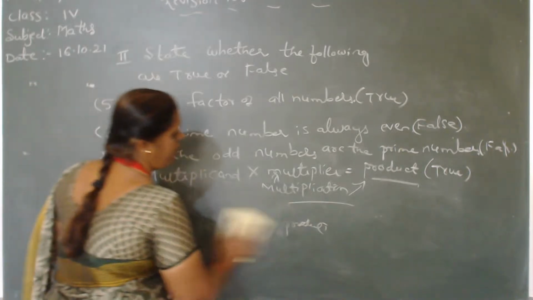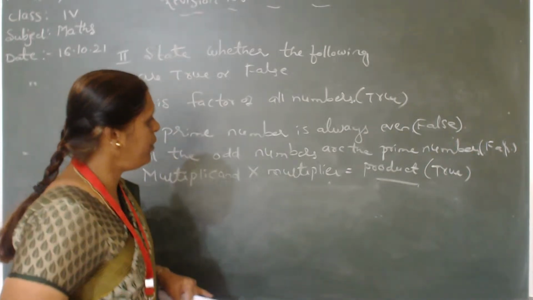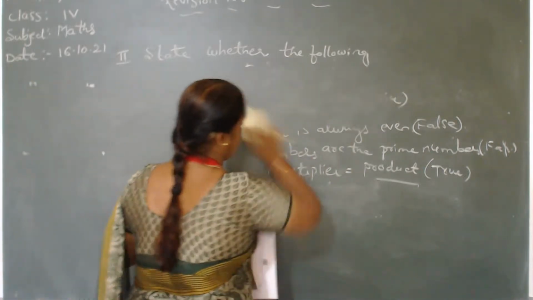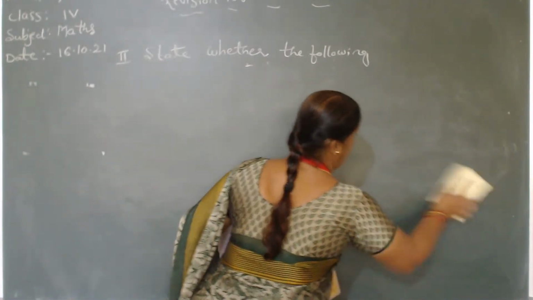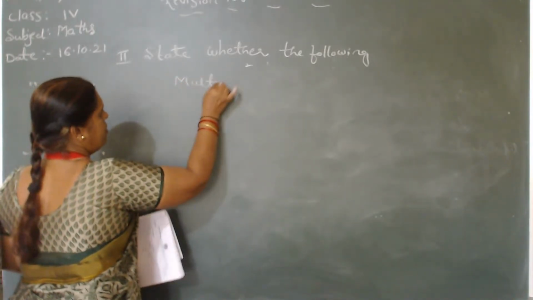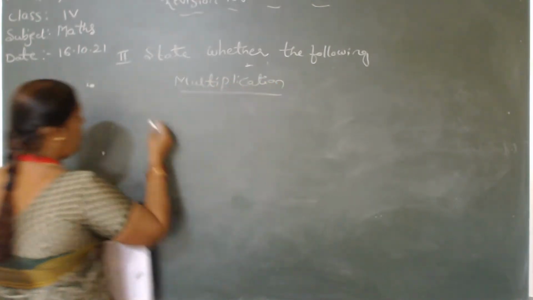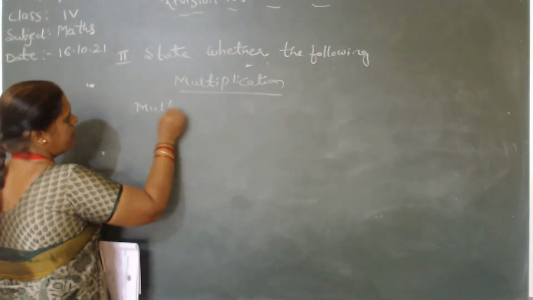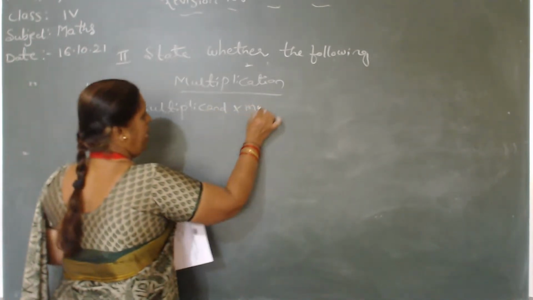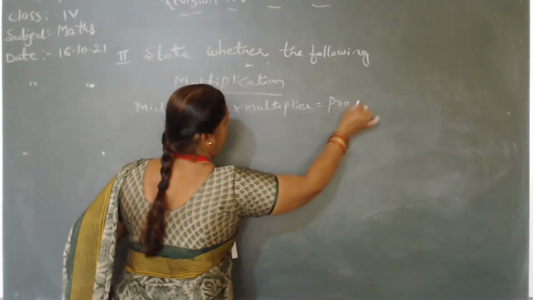Same terms we have in subtraction, division and addition also. So all four. First is multiplication: multiplicand into multiplier and product.